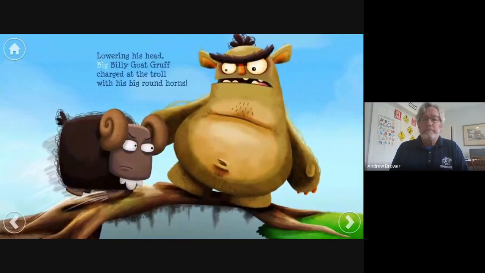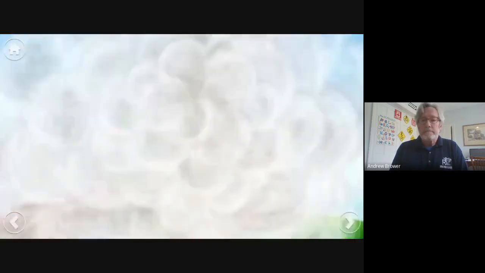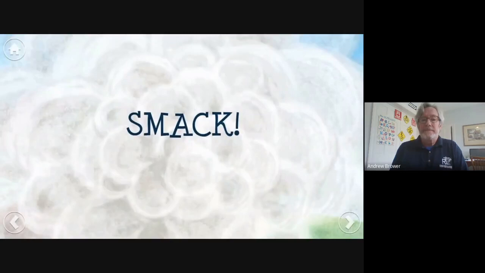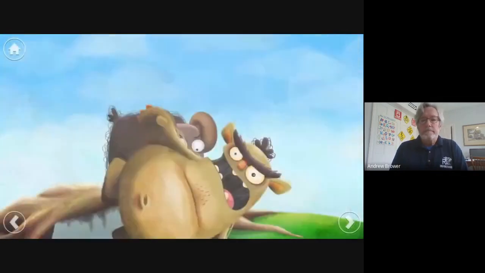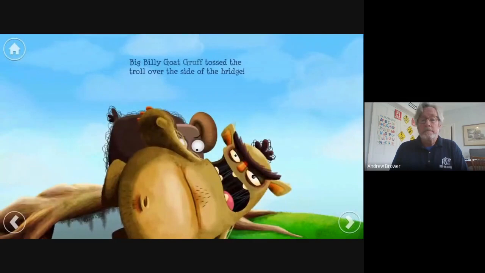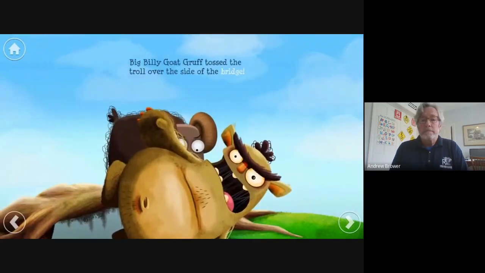Lowering his head, Big Billy Goat Gruff charged at the troll with his big brown horns. Smack! Big Billy Goat Gruff tossed the troll over the side of the bridge.